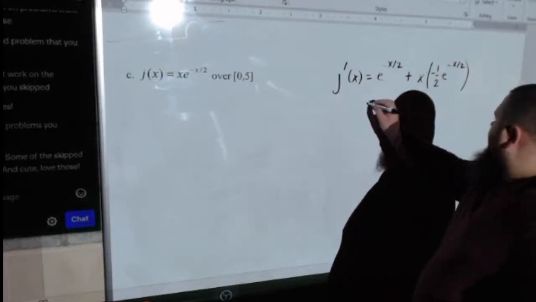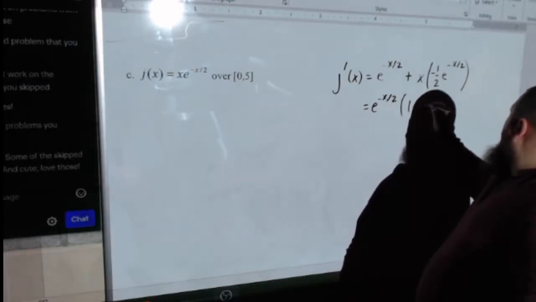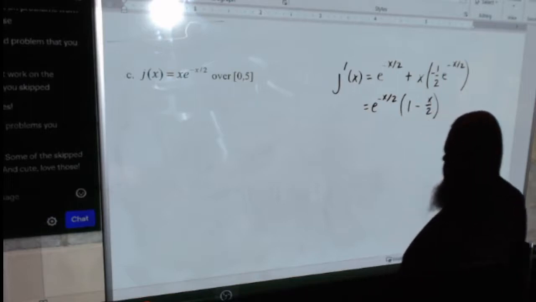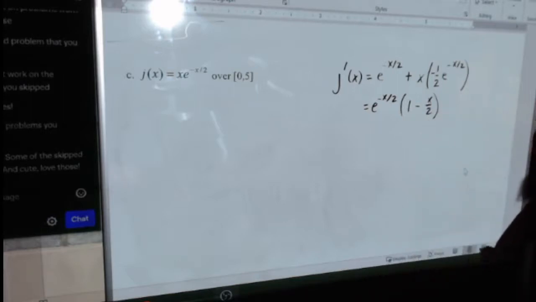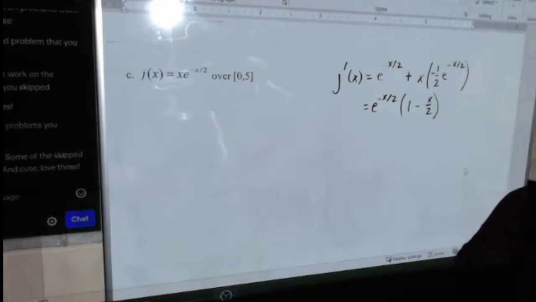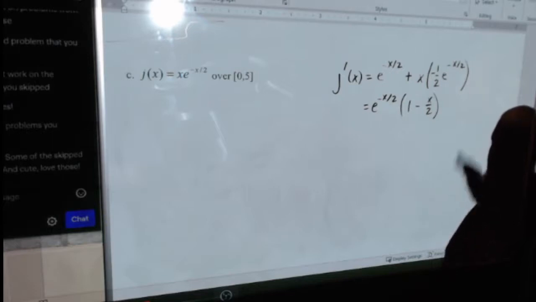So if you really wanted, you could write it like this. Excuse me. So the first thing we had to do was take the derivative.